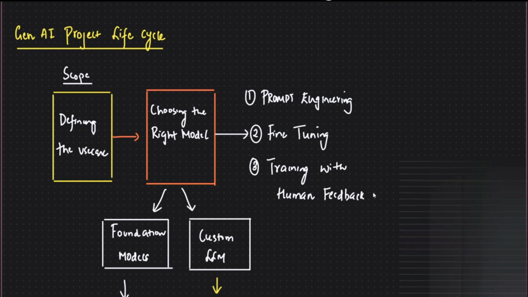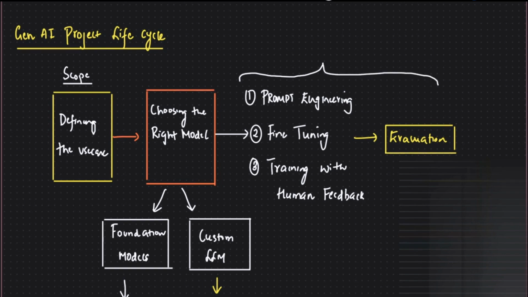Once you do all the steps, the next step is evaluation. Evaluation means seeing how your model is performing after all these steps, and there are different performance metrics that we are going to follow. These two steps I would like to combine and call adapt and align models.